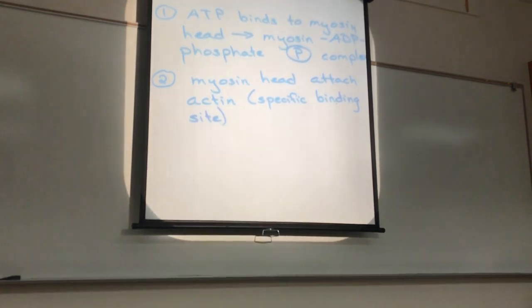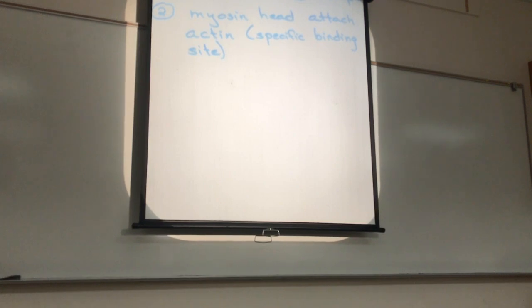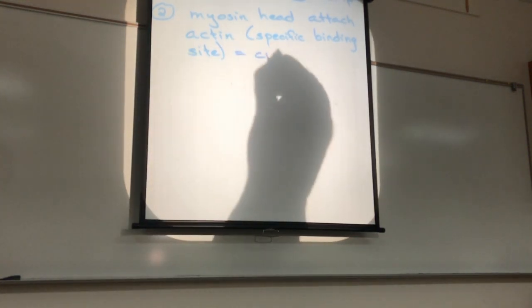So there's a spot on the actin molecule where the myosin is going to want to attach. And when the myosin head has an ADP and phosphate with it, it will do that. It will attach to the actin. Okay? This is going to now make a connection between the thick filament and the thin filament. And this is what's going to be called a cross bridge.